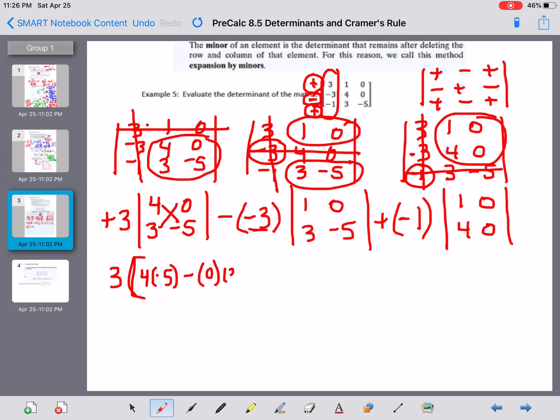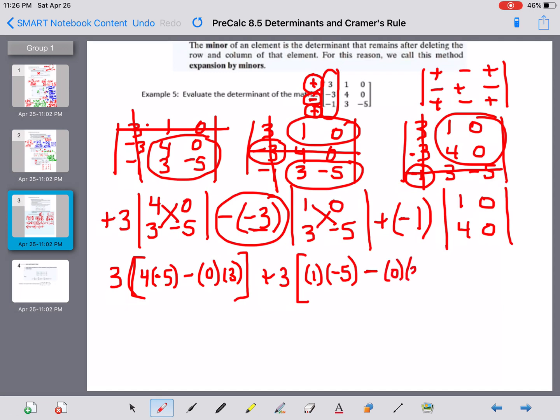Over here, this value right here is going to become plus 3, and then I'm going to work on the determinant. 1 times negative 5 minus the back diagonal of 0 times 3. All right, my next value right here of negative 1 times the determinant of 1 times 0 minus the back diagonal of 0 times 4.